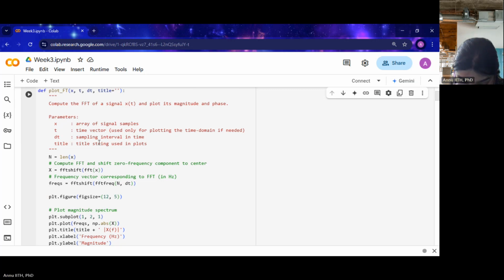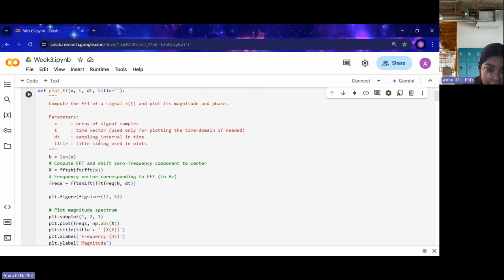And we have title strings also, the title string used in plots. N is equal to the length of x. Compute the FFT and shift the zero frequency to the center.